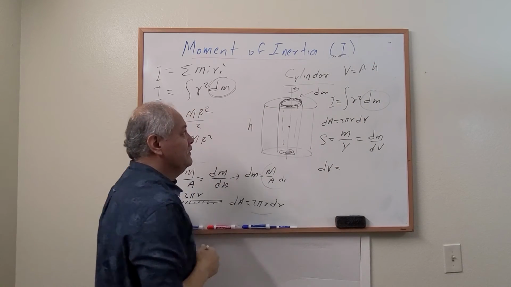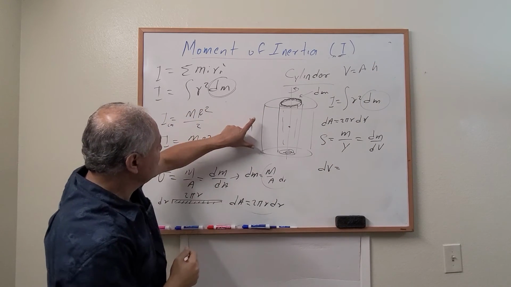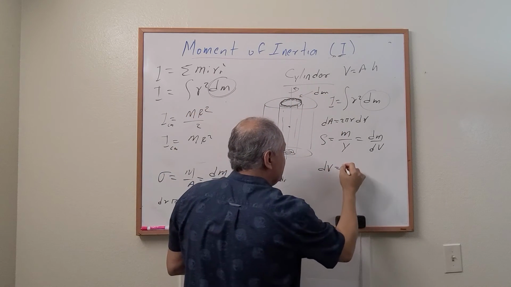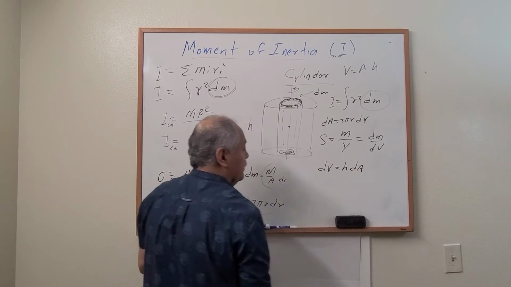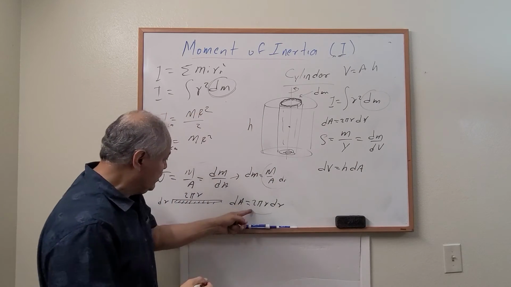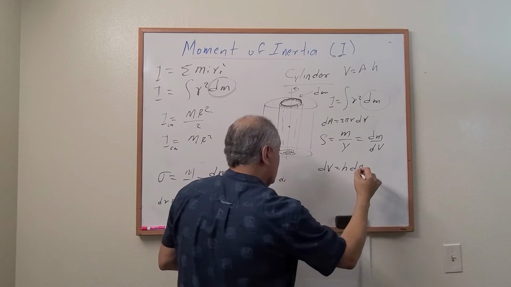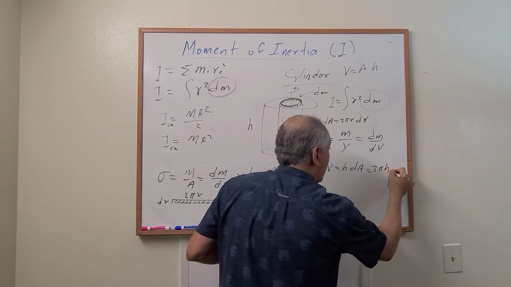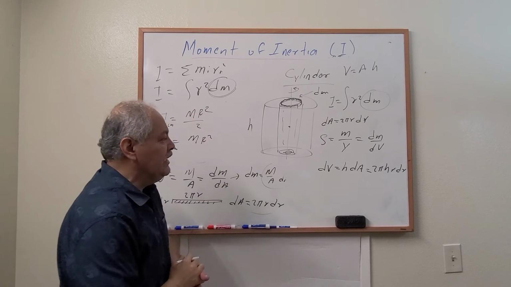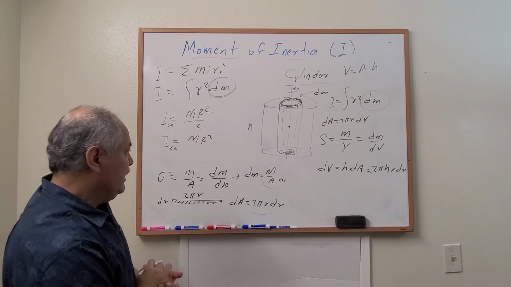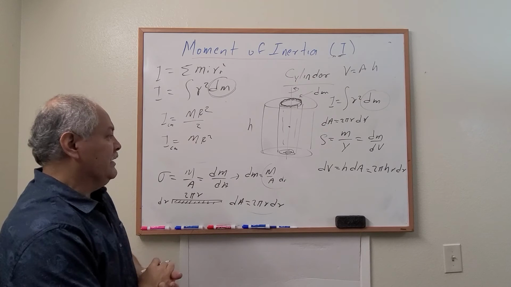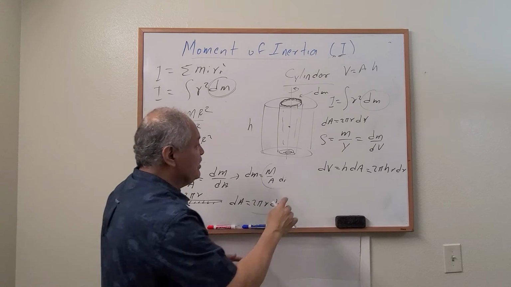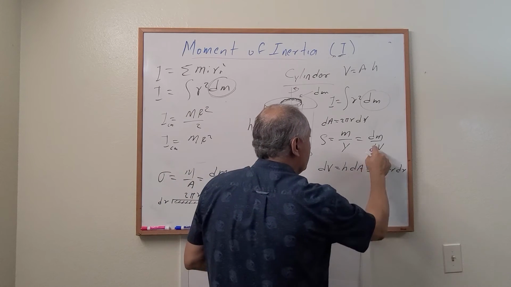Now h is constant, we're changing only this area right here, dA. But dA we found is this one, so dV equals 2 pi h r dr. Perfect. We can substitute this value when we solve for dm.